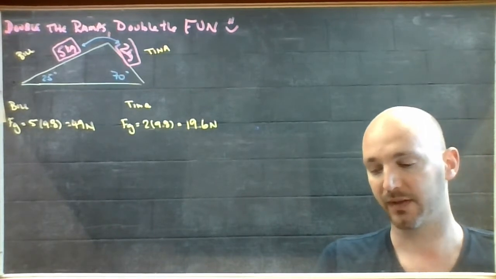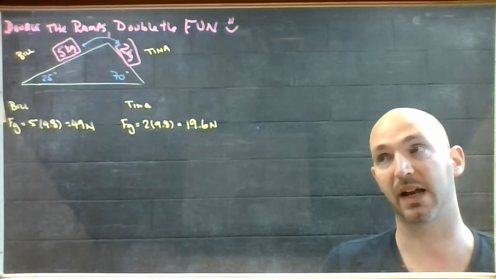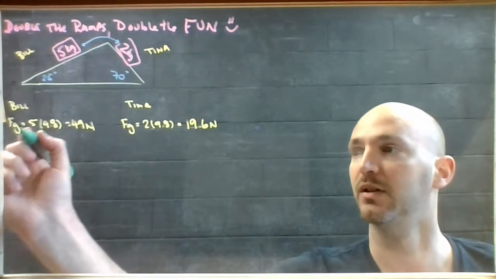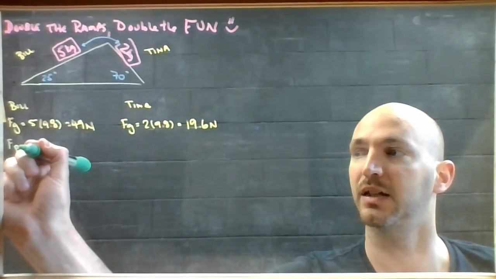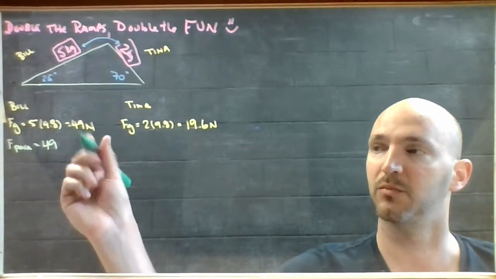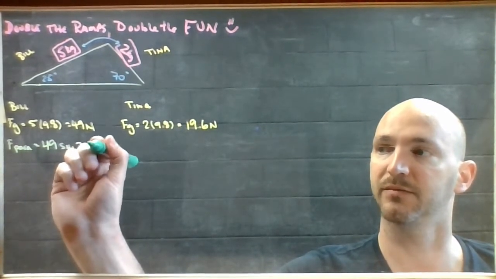Now Bill's gravity and Tina's gravity, because they're both on ramps this time, is going to have to be split into a piece that's parallel and a piece that's perpendicular. So for Bill, the parallel part will be the full gravity multiplied by sine of 25.